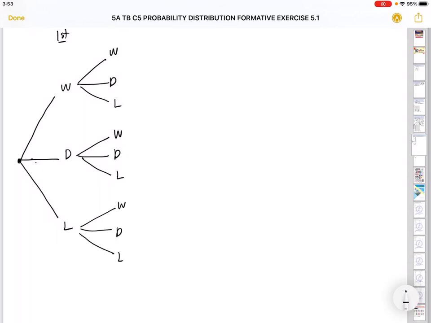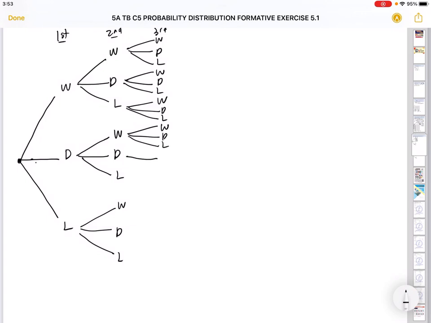Okay, third game will be a bit difficult to squeeze in. Win, draw, lose, and so on for each branch.